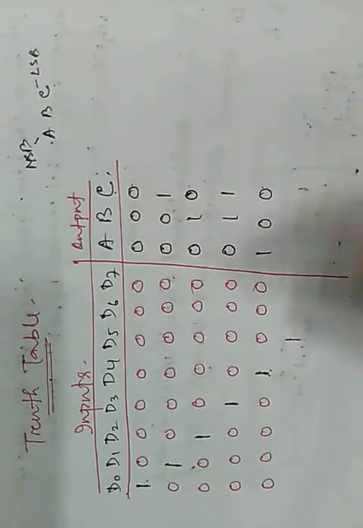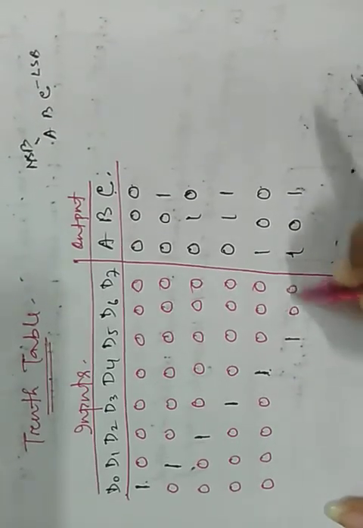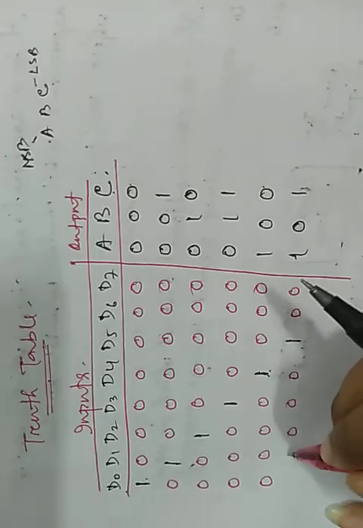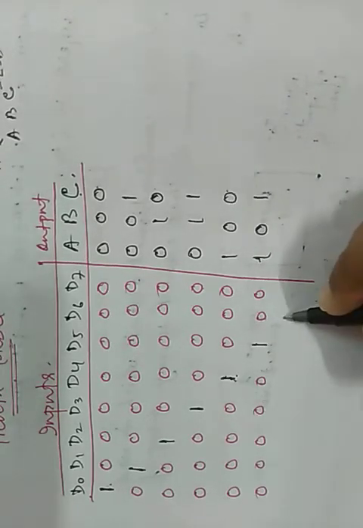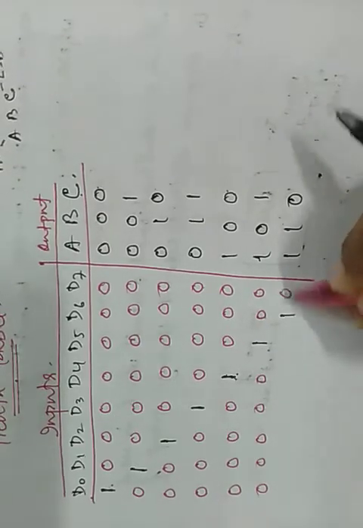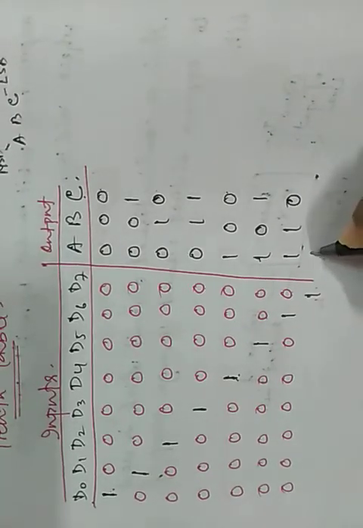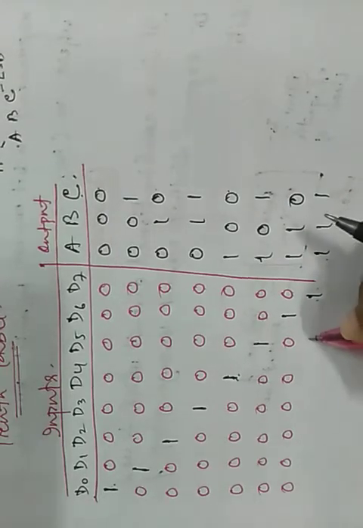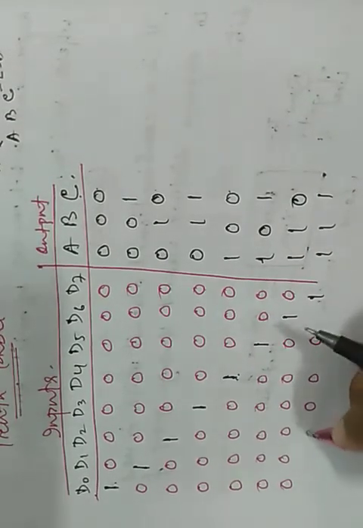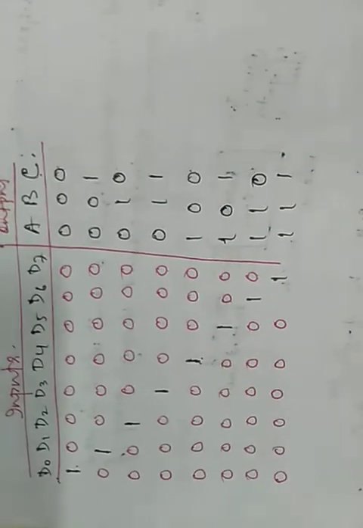Whenever D5 is selected, its value is 1, 0, 1. Similarly, all other values are 0. Clear? Whenever D6 is 1, its value is 1, 1, 0. All other values are 0. And whenever D7 is 1, its value is 1, 1, 1. Clear? So this is our truth table.